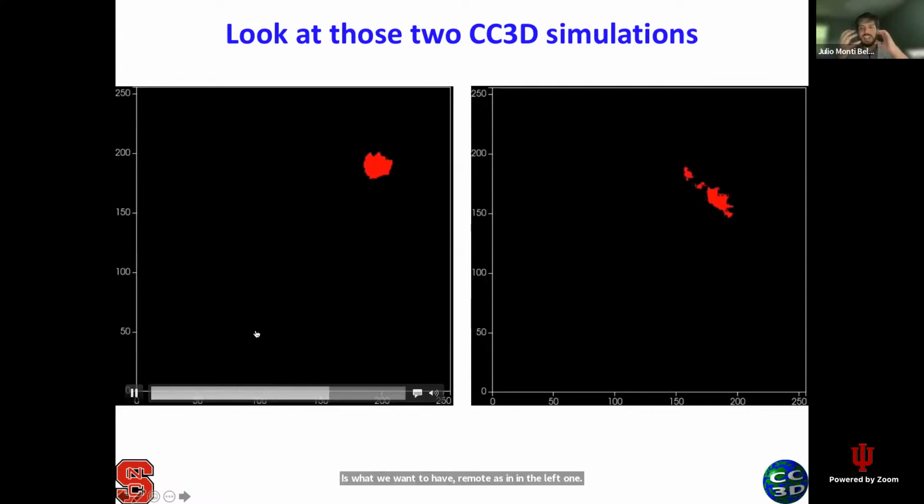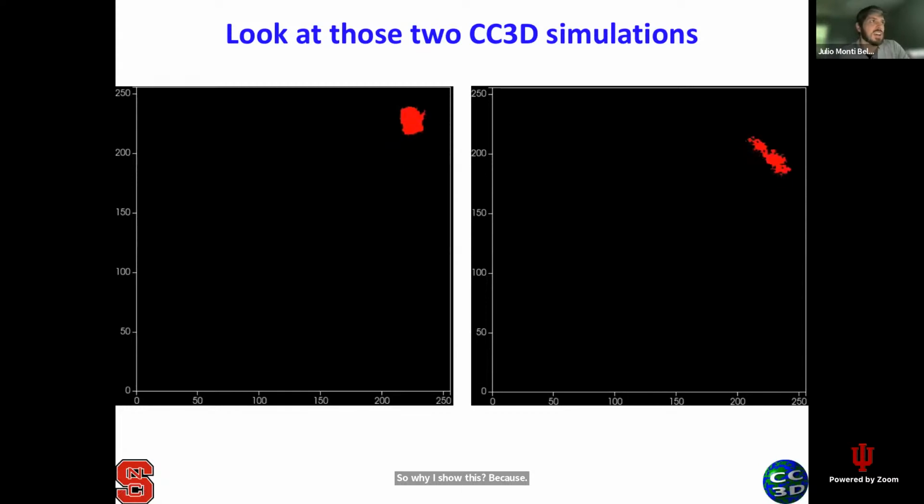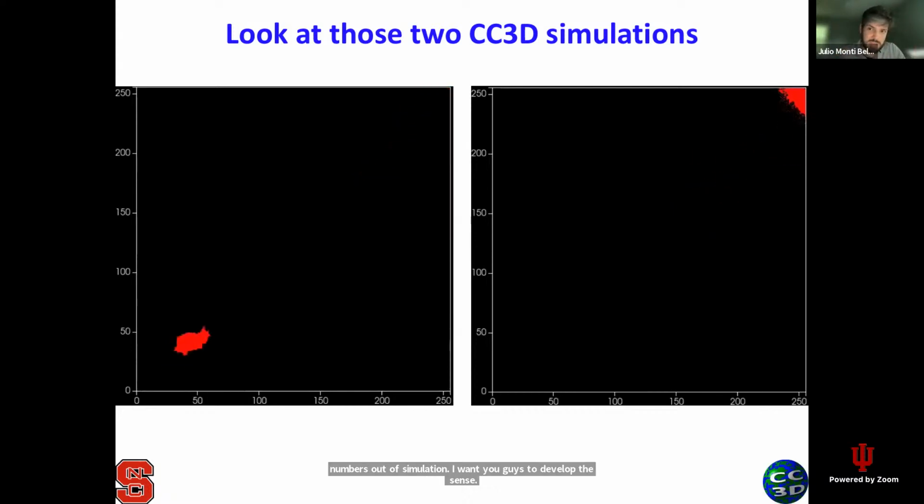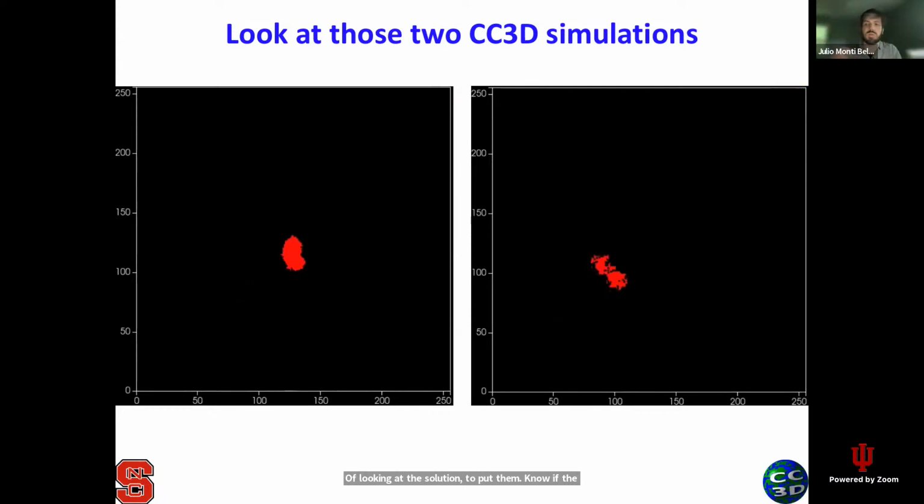So why do I show this? Because as we go along in the course, I don't want you guys to only look at metrics and numbers out of simulations. I want you guys to develop the sense of looking at the simulation output and knowing if the cells are behaving in a sensible way or not, okay? And I want you to learn how to actually change the parameters in Mid-weight simulation, using the player, okay?